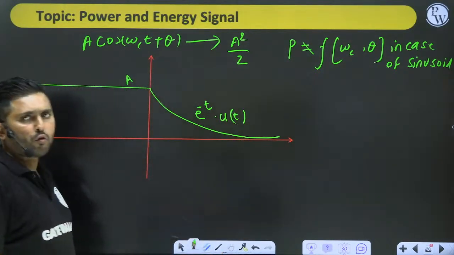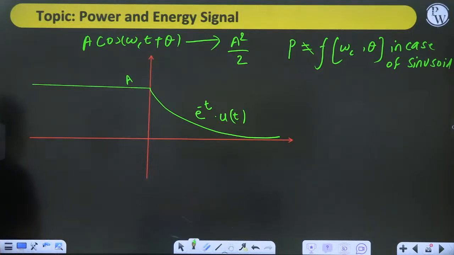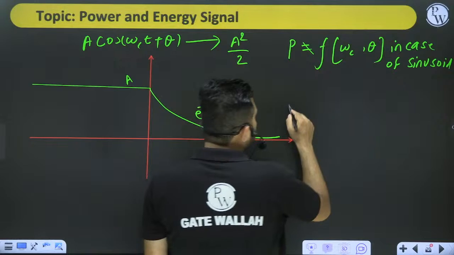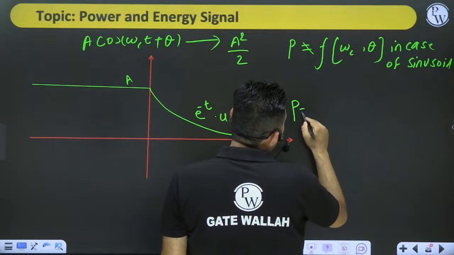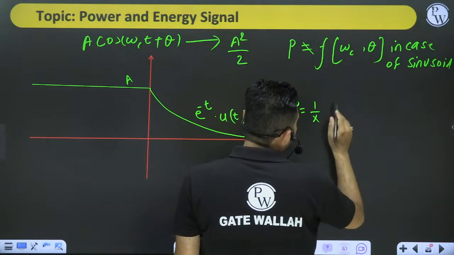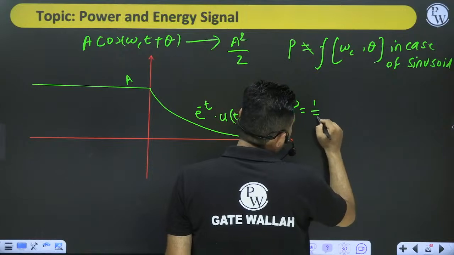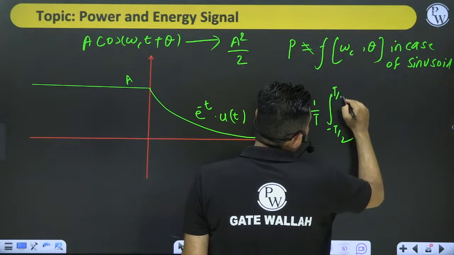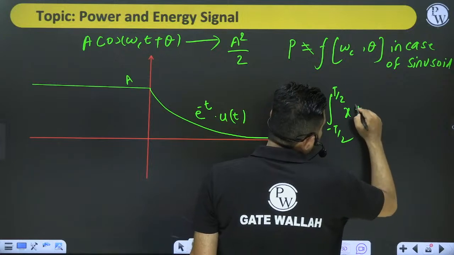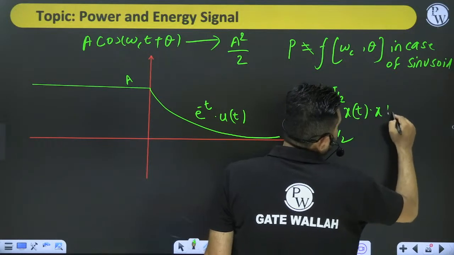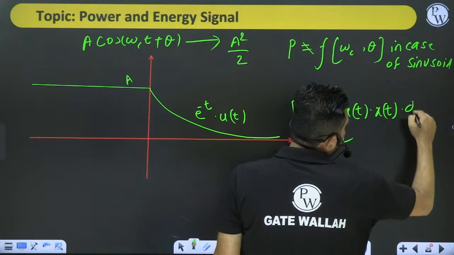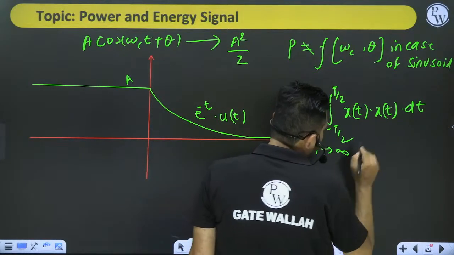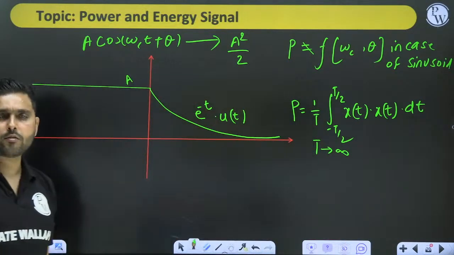Suppose someone asks you to find out the power. What I am doing in these kinds of problems, I will go by the general method. What is the power formula? Power is 1 by T, limit from minus T by 2 to T by 2, x(t) into x(t) if it is real, dt, with T tending towards infinity. This is what my power formula is.